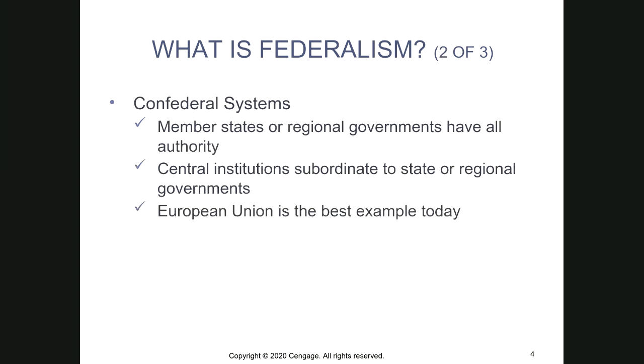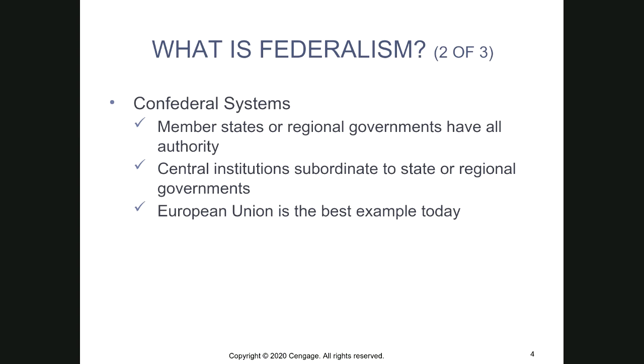Now, here's the opposite, confederal system. And you guys probably remember this, hopefully, from your history classes. So confederal system is a system of government in which member states or regional governments have all the authority. And any central government has only the power that the state governments chose to delegate to it. So this is basically the opposite of that unitary form of government.